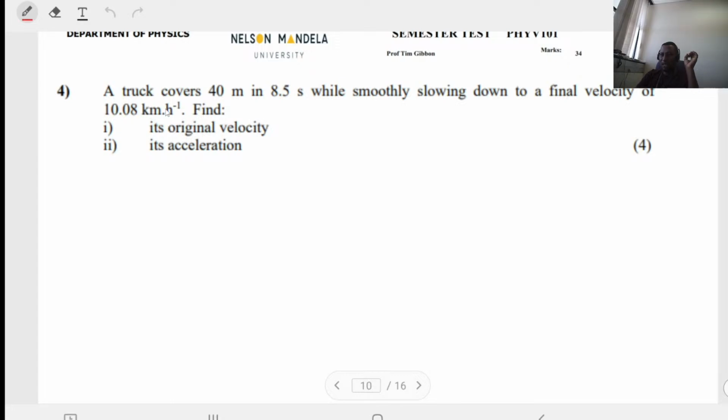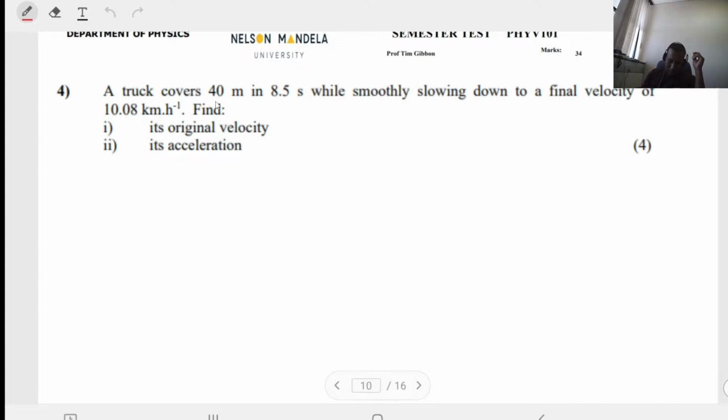Always when you see such a number, check SI units. 40 meters is in SI unit, 8.5 is in SI unit because it's seconds. This velocity is not in meters per second but kilometers per hour. The first thing you should do is convert it into meters per second.